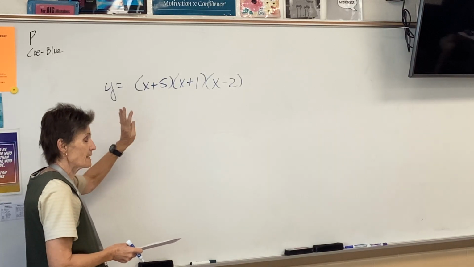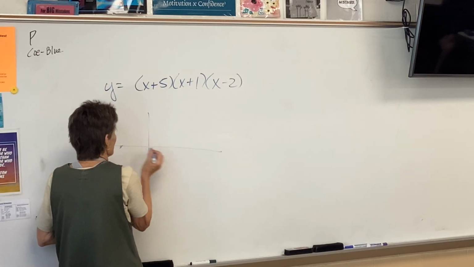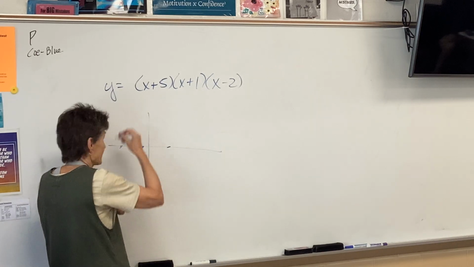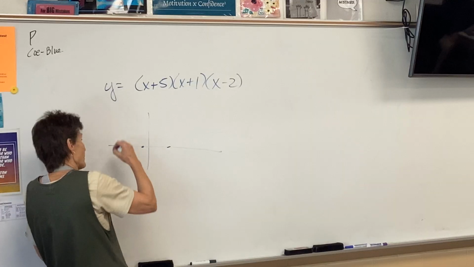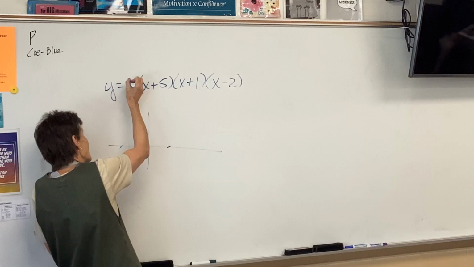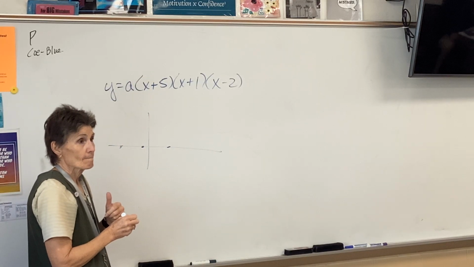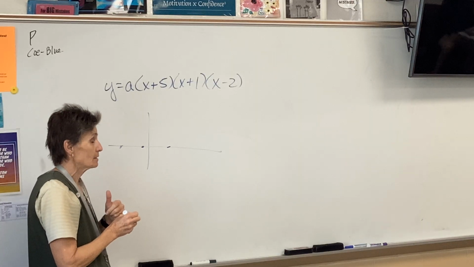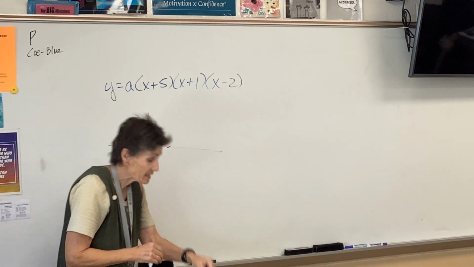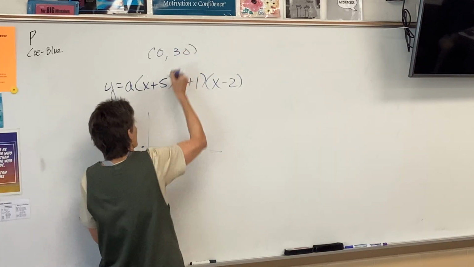Now, all this says is, we have these x-intercepts, and then I've got some kind of cubic function that's connecting those points, but I don't know what direction it's going, I don't know how high it's going. There is a coefficient out here that's controlling that. And to find that coefficient, I have to plug in a point, and the point that they gave me is the y-intercept at 30, which means I have the point 0, 30.